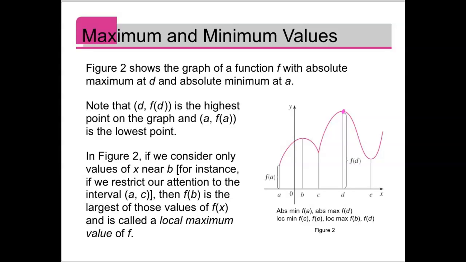So like f of d is both an absolute and a local maximum. It's absolute because it is the highest point that the graph attains, but it's also local because I can focus on what we call a neighborhood of points surrounding it that it's larger than.